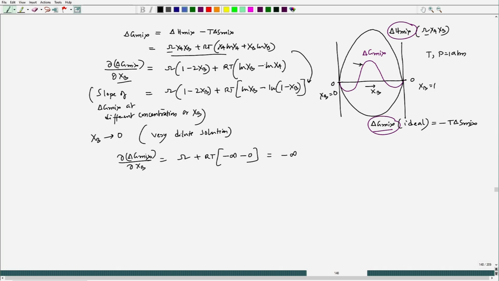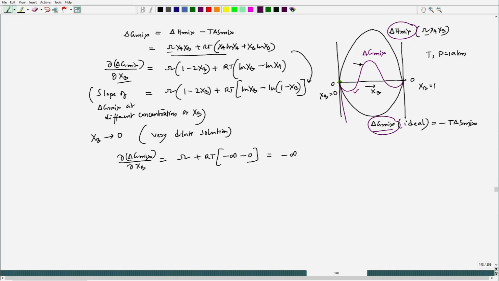So, at this point, which is very close to 0 value of xB, I see that the slope over this line is nearly infinite. The slope gradually has a much steeper value, but when it is coming nearly to 0, the slope becomes infinite.